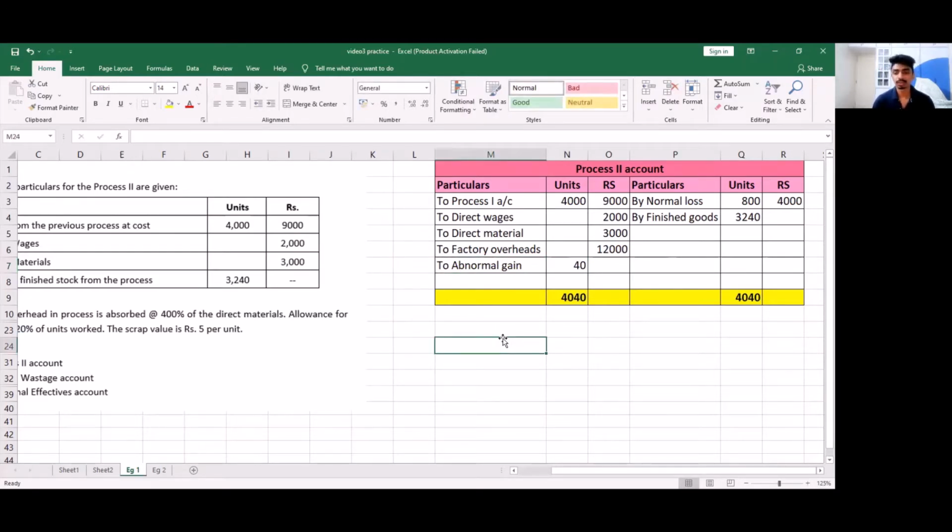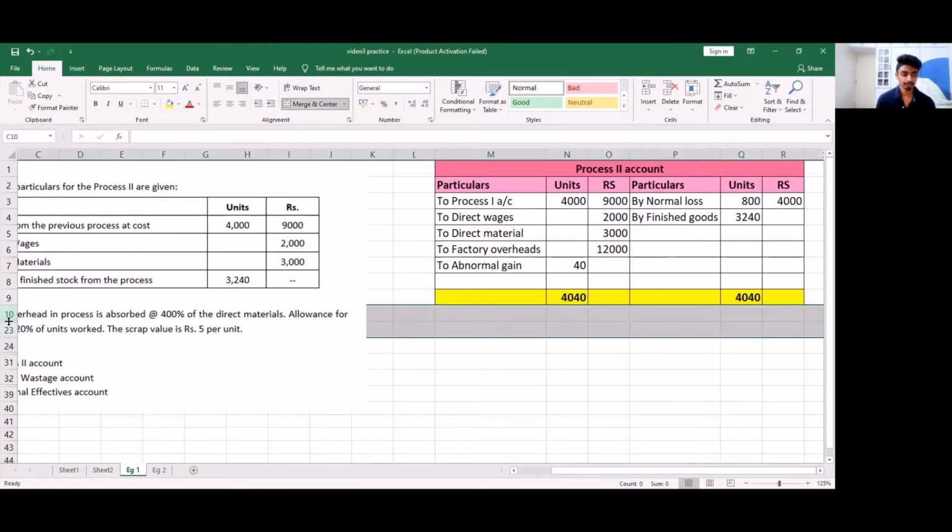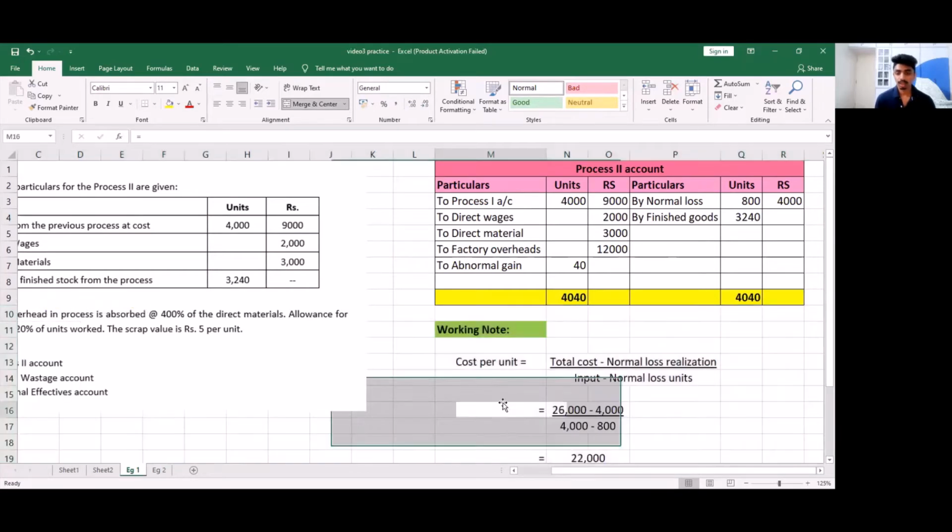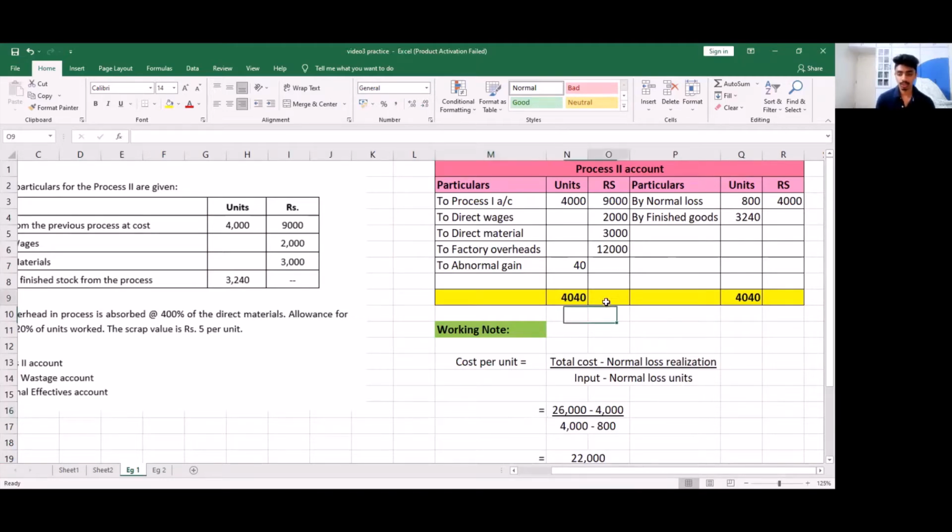Now, to find out the amounts for abnormal gain and finished goods, we need to calculate the cost per unit. So the cost per unit formula is total cost minus normal loss realization divided by input minus normal loss units. So our total cost is going to be the sum of amounts on the debit side.